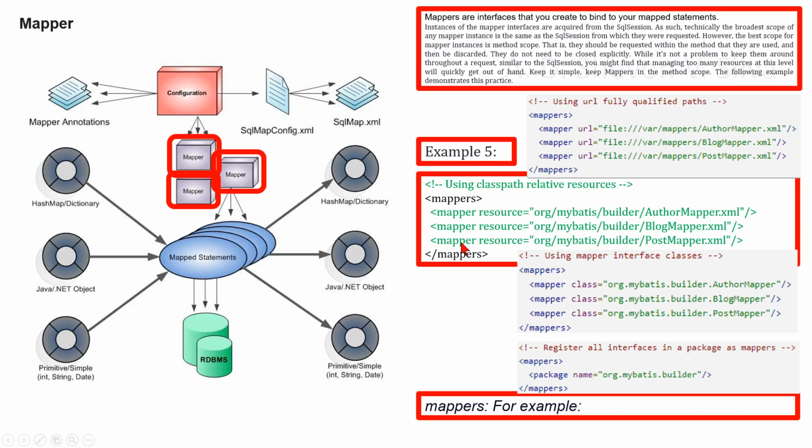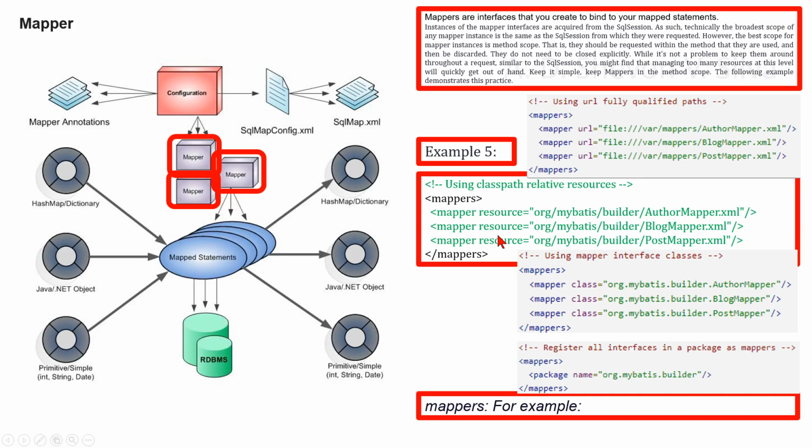Now that the behavior of MyBatis is configured with the configuration elements, we are ready to define our mapped SQL statements, but first we need to tell MyBatis where to find them. Java doesn't really provide any good means of auto discovery in this regard, so the best way to do it is to simply tell MyBatis where to find the mapping files.